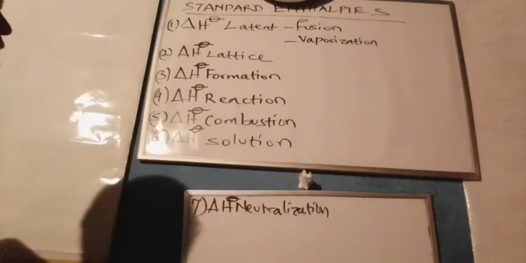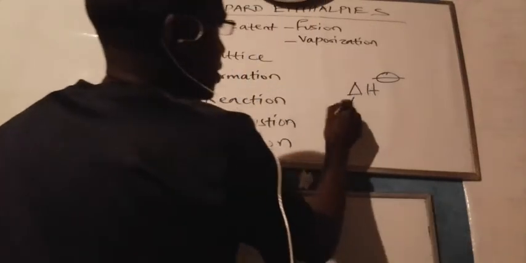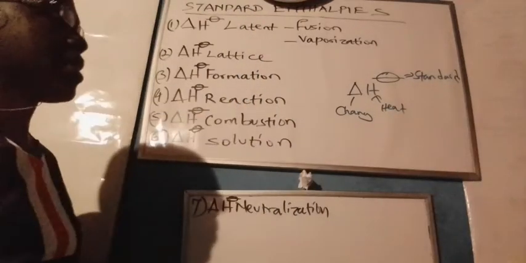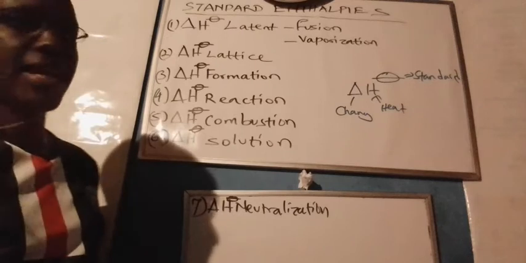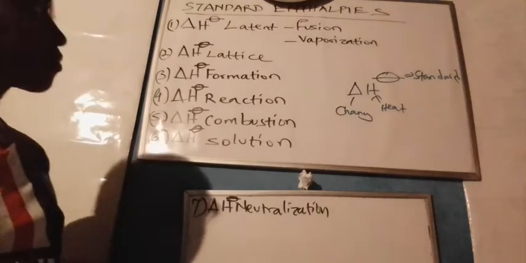To represent standard enthalpy, we use the theta symbol alongside the delta H, where delta means change and theta means standard, while the H there is just heat. Therefore, standard enthalpy is the standard change in heat.